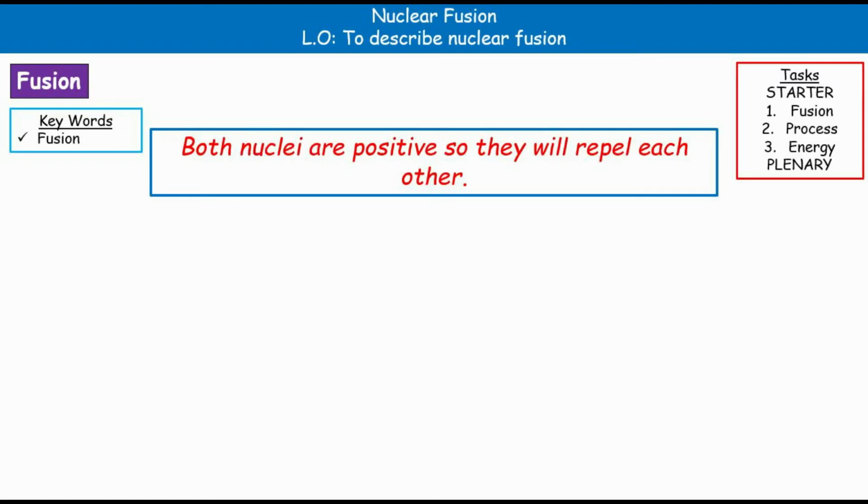Hopefully we remembered that the nucleus is a positively charged entity. So if we've got two positive nuclei and we're trying to make them join together, that's going to be tricky because anything that's the same charge naturally repels. So because both nuclei are positive, they're actually going to repel each other and push each other away when they come close.